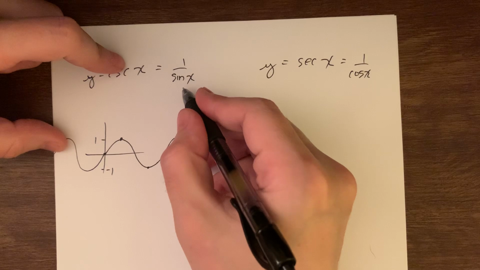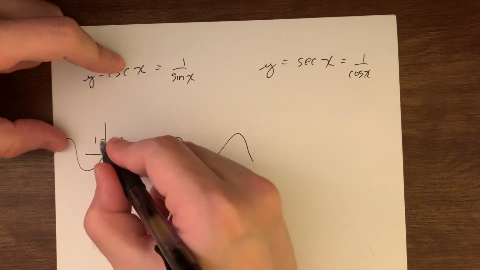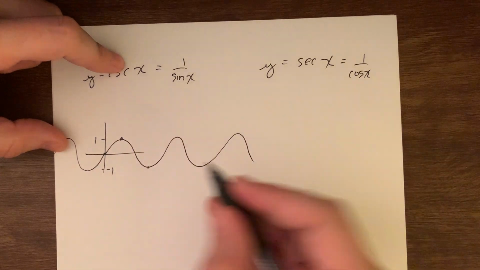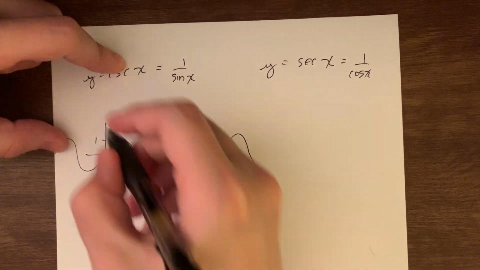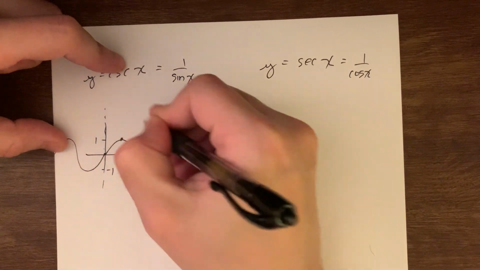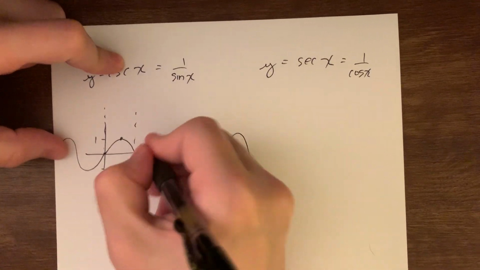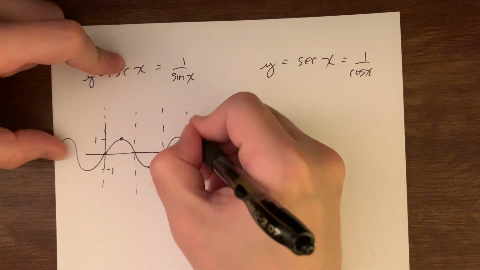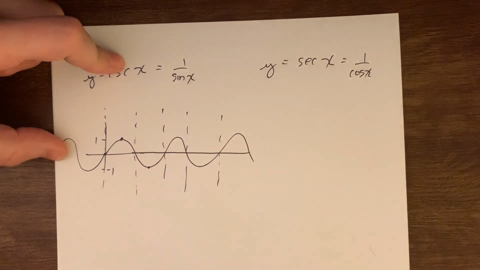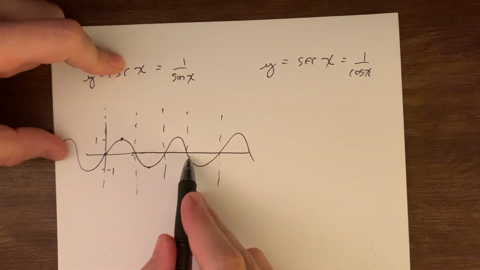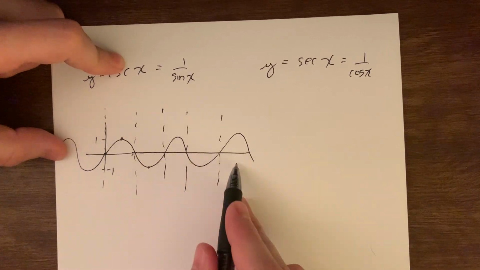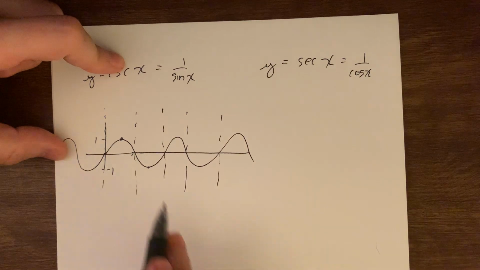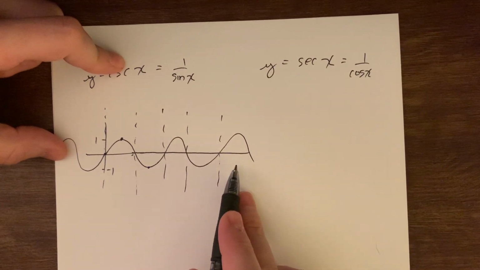Because the original sine curve went from -1 to +1, when you do 1 over those, well, we get a lot of 1 over zeros. 1 over zeros leads to vertical asymptotes. So every place where we originally cross the x-axis, or if we start shifting up and down, where we cross our midline, that'll become a vertical asymptote.